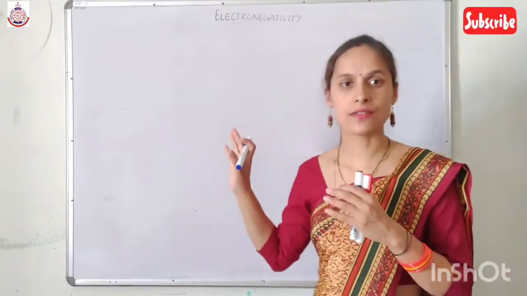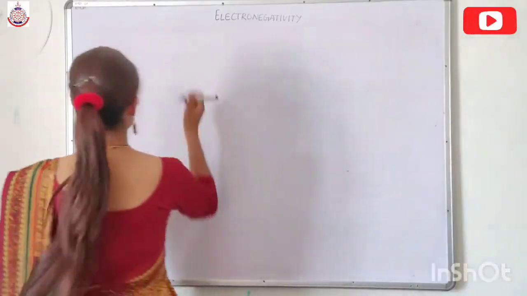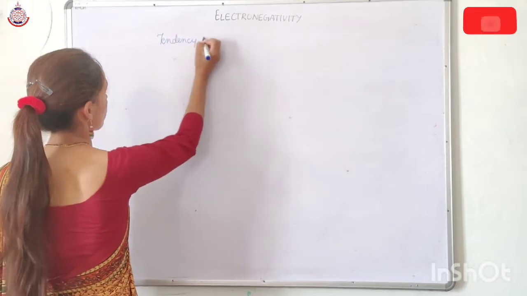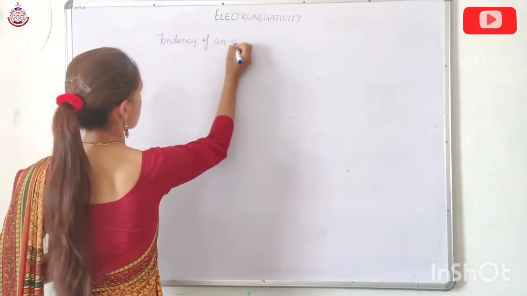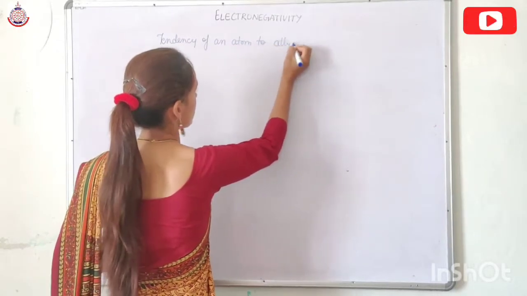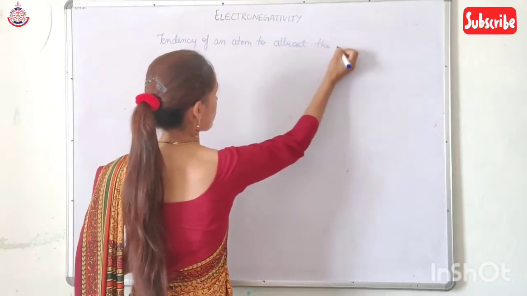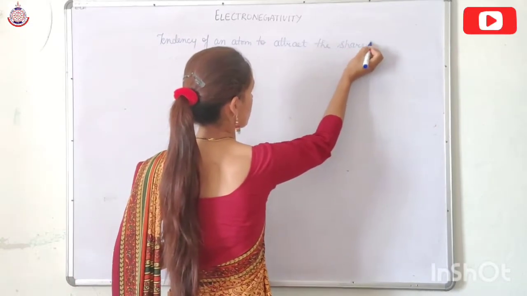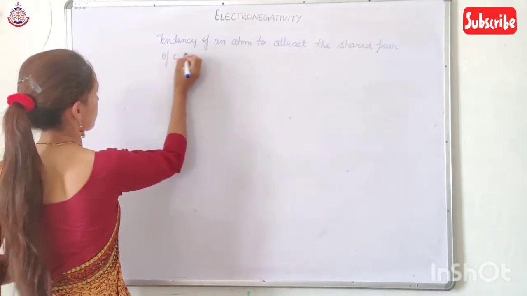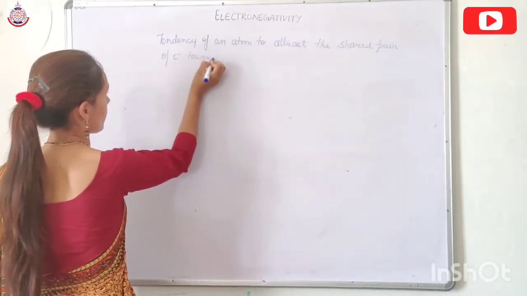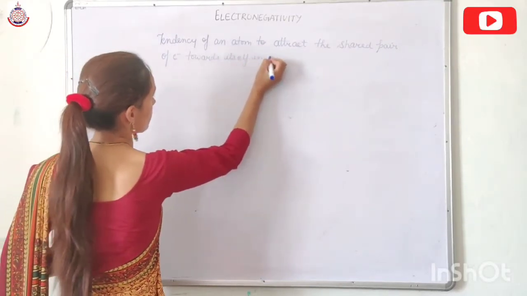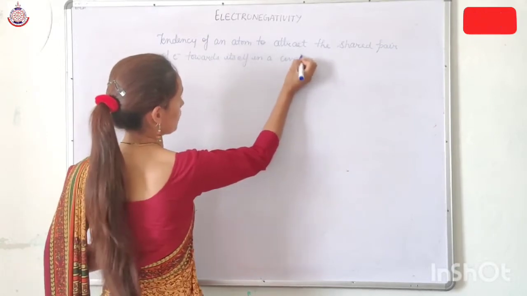So if I write the definition of electronegativity, it is the tendency of an atom to attract the shared pair of electrons towards itself in a covalent bond.